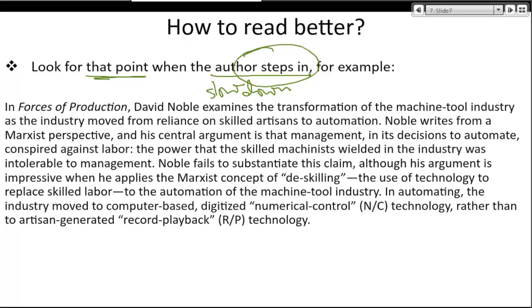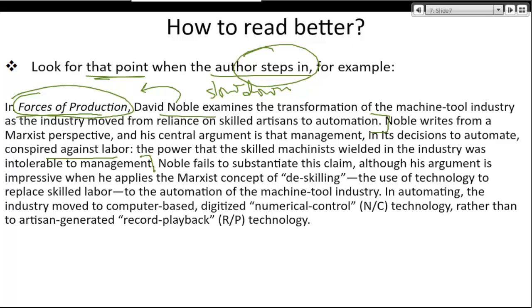Okay, for example, let's have a look at this. I will read this paragraph. In Forces of Production, David Noble examines the transformation of the machine tool industry. So this is a book, and David Noble is the writer. Noble writes from a Marxist perspective, and his argument is that management conspired against labor.